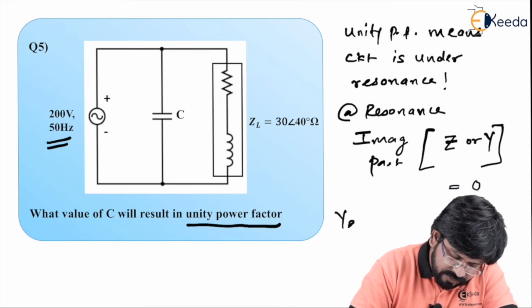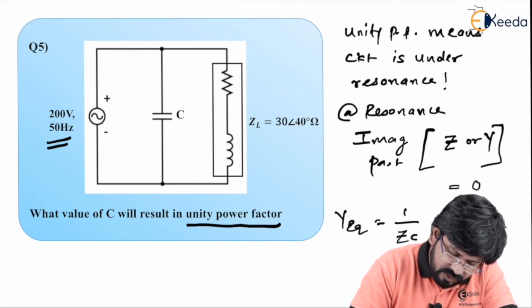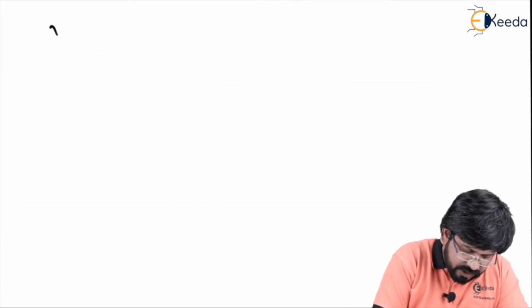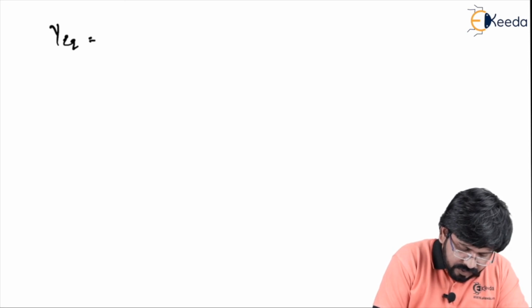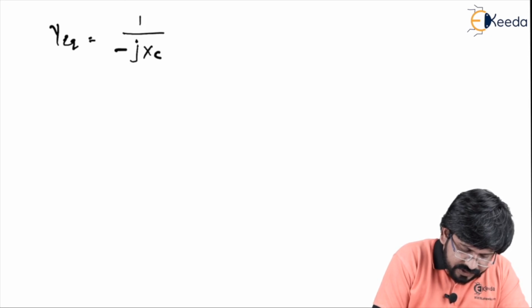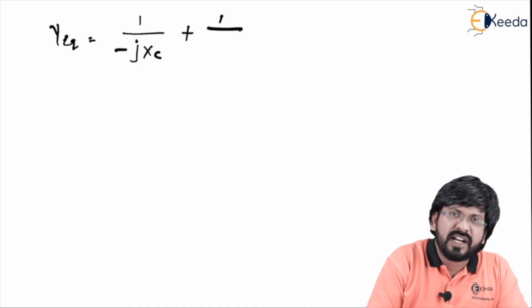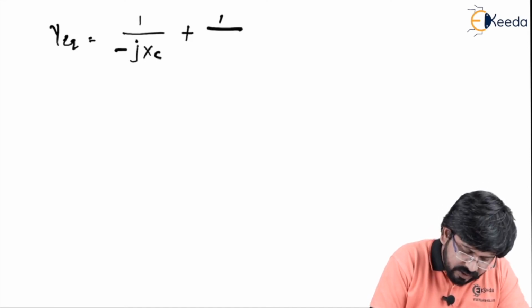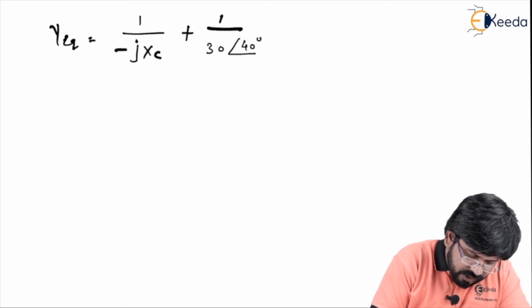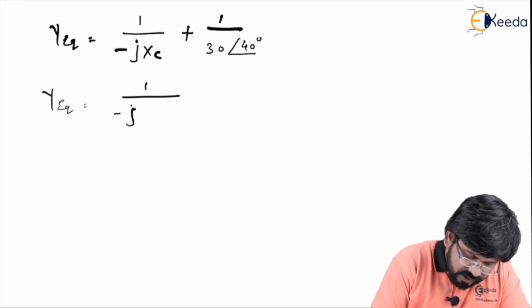I can write Y equivalent as 1 upon ZC plus 1 upon ZL. So Y equivalent becomes 1 upon minus J times XC, plus 1 upon ZL, and ZL was given as 30 at an angle of 40 degrees ohms.